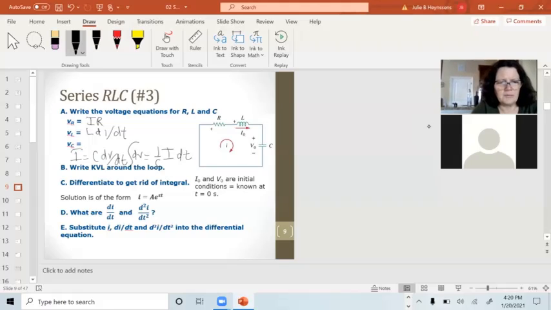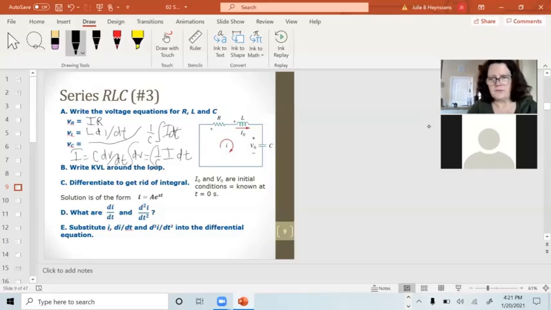If we integrate both sides of the equation, we get the voltage across the capacitor is going to be 1 over C times the integral of I dt. Okay, now I want to write KVL around the loop.